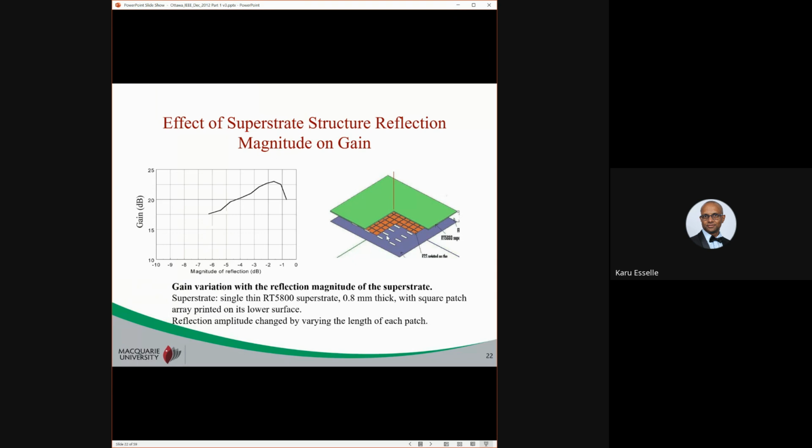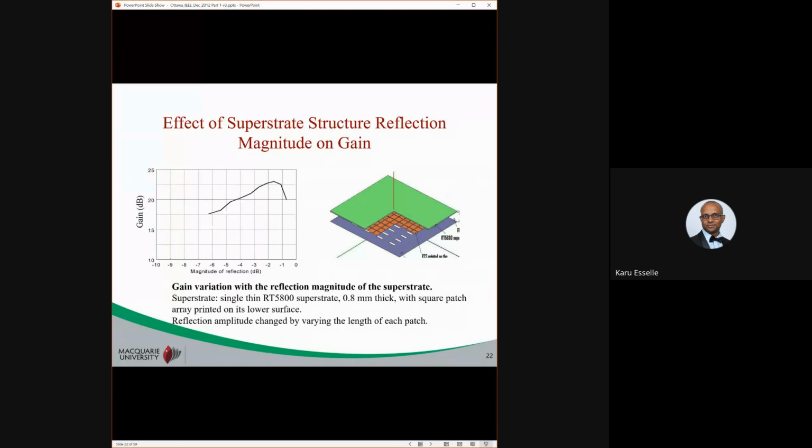By changing the reflection coefficient magnitude, we can study the gain variation, and in this case you get maximum gain when the reflection coefficient magnitude is about minus 2 dB or minus 1 point something. So that is quite a good, not perfect reflector, of course, it's a partial reflector, but a good reflector.